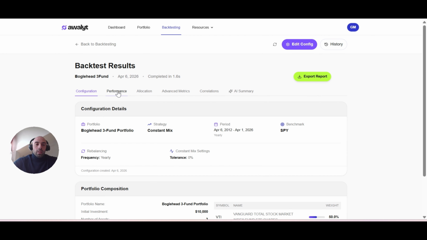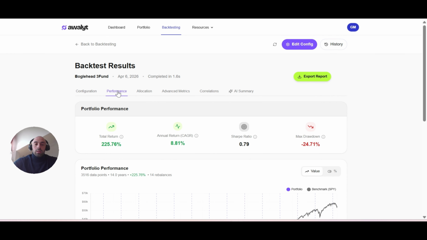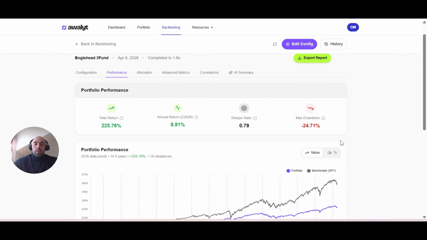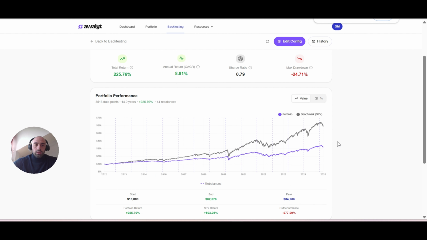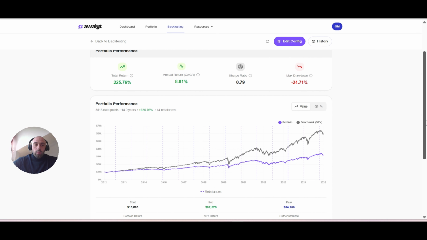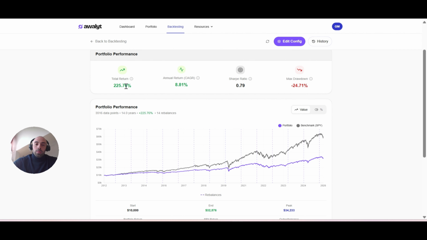Then we can see the actual performance of the portfolio. There is the total performance, and the annual return in terms of compound annual growth rate of almost 9%, which is, let's say, a moderate to good amount, and with a max drawdown of 24%.